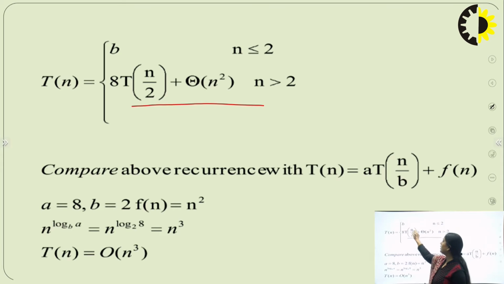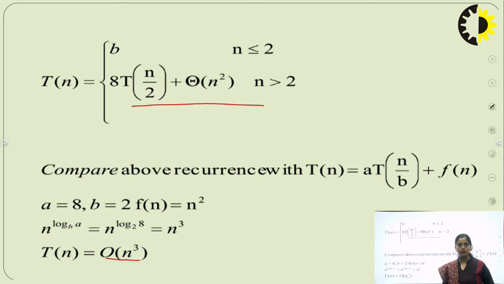Then T(n) = 8T(n/2) + n square. What is the n square? N square is basically for the function based on the number of additions we are using. If we solve this recurrence by using any technique which I believe you already know, maybe the master method or the tree method, then we get the time complexity as n cube.